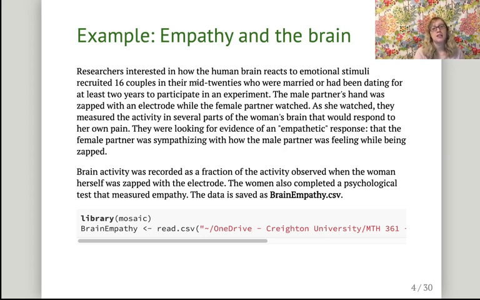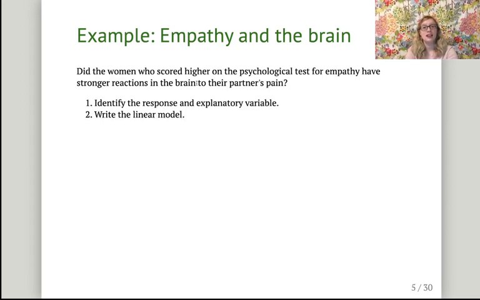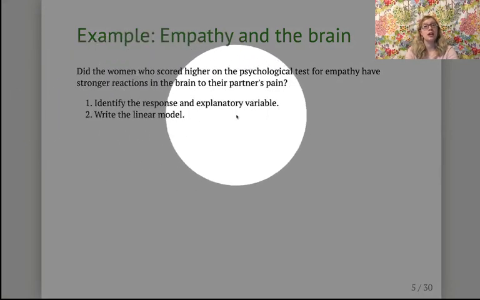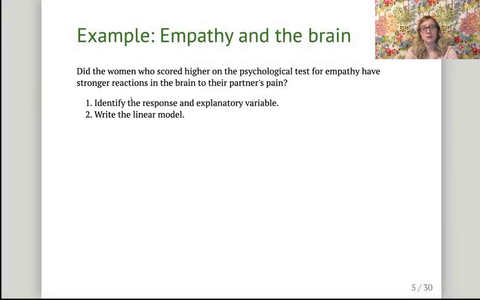So a brain activity of 0.5 means that she had half the electrical signal when her partner was shocked as she did when she herself was shocked. The women also completed a psychological test designed to measure a person's empathy levels. So is this test a good predictor for the brain reactions to the partner's pain?